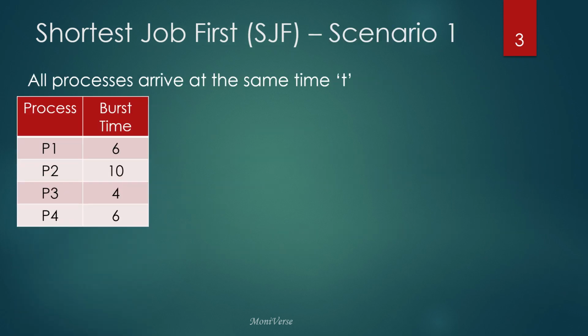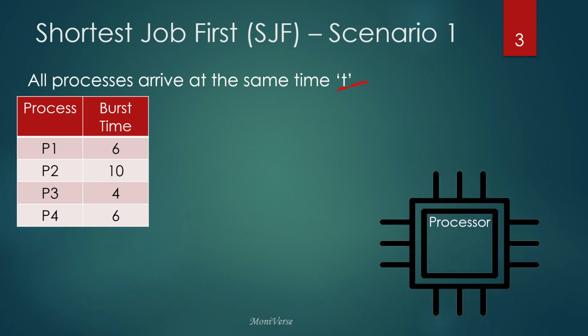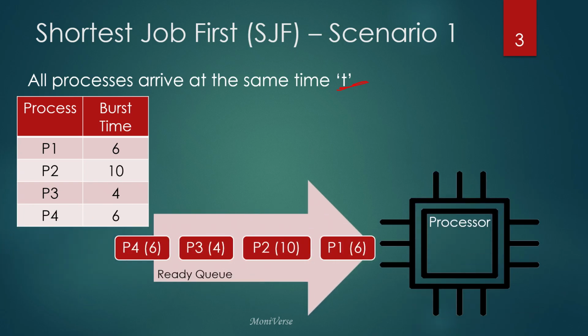So we can see an example for this shortest job first. We can consider the scenario that all the processes P1, P2, P3 and P4 are arriving at the same time T. Everyone will be entering into the job queue.